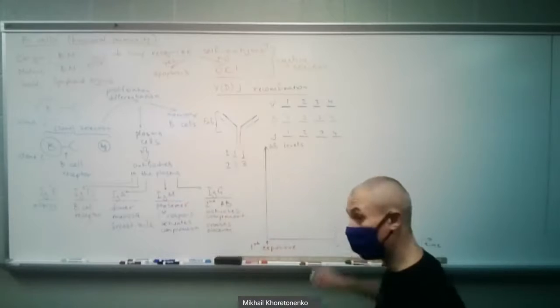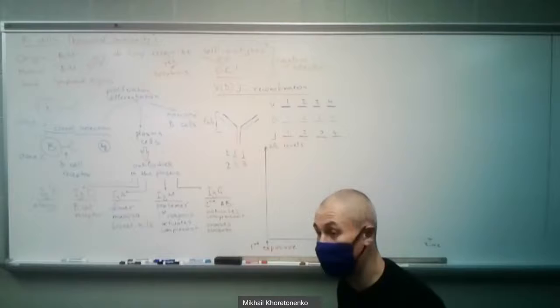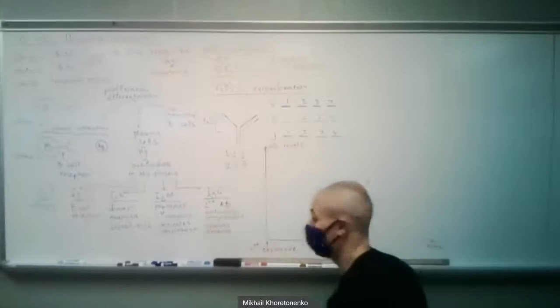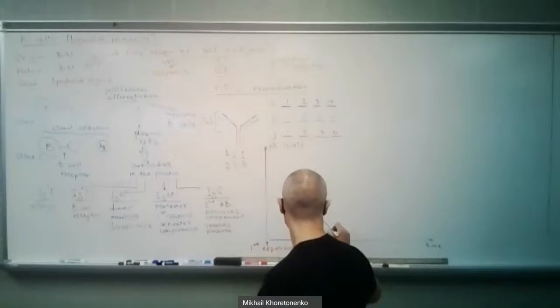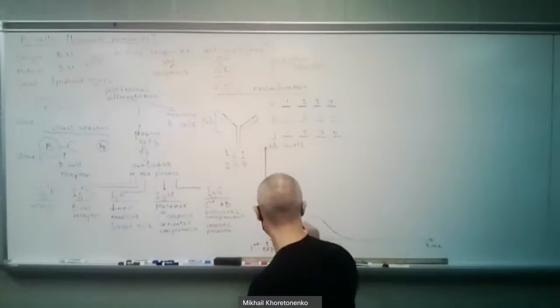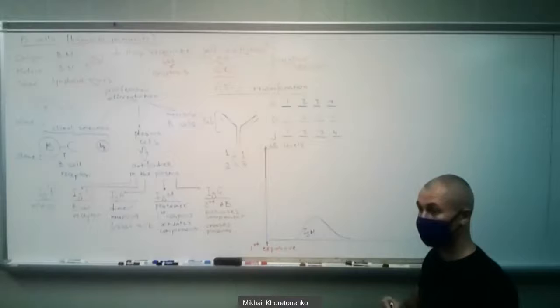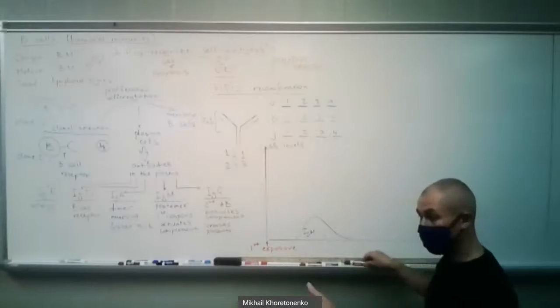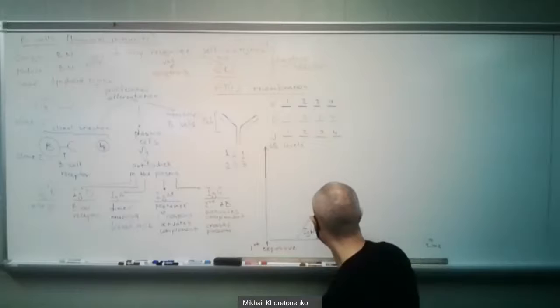Sometime after first exposure, accumulating enough B cells takes time. You're going to have an increase in IgMs. Slightly later, you're going to have an increase in IgG.